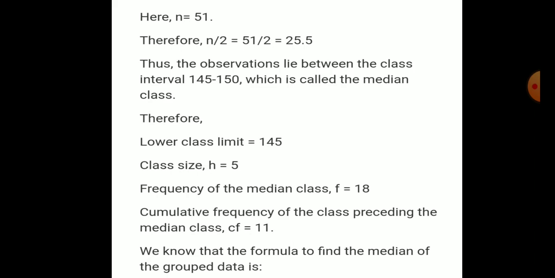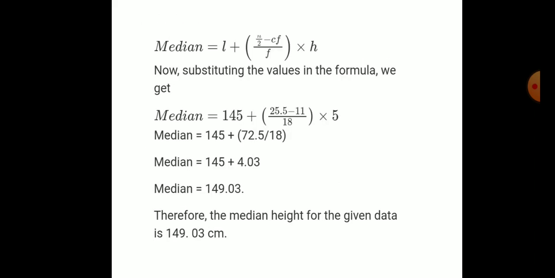So we know that the formula to find the median of the group data is this. Now, substituting the values in the formula, we get median is equal to 145 plus (25.5 minus 11) divided by 18 times 5.